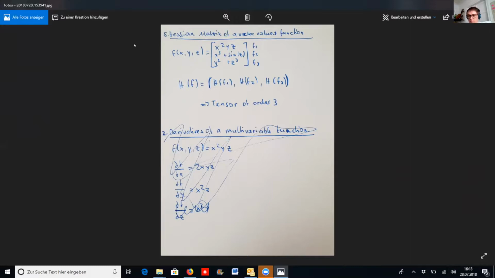Numerically, yes. So that's a numerical differentiation. This looks symbolic to me. Well, I think it is symbolic. So when you're using the gradient, you are using this symbolic differentiation and then crunch the numbers.